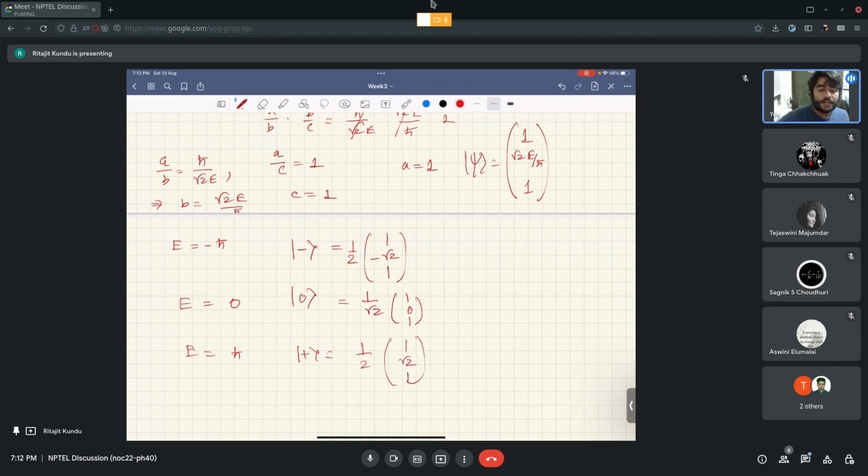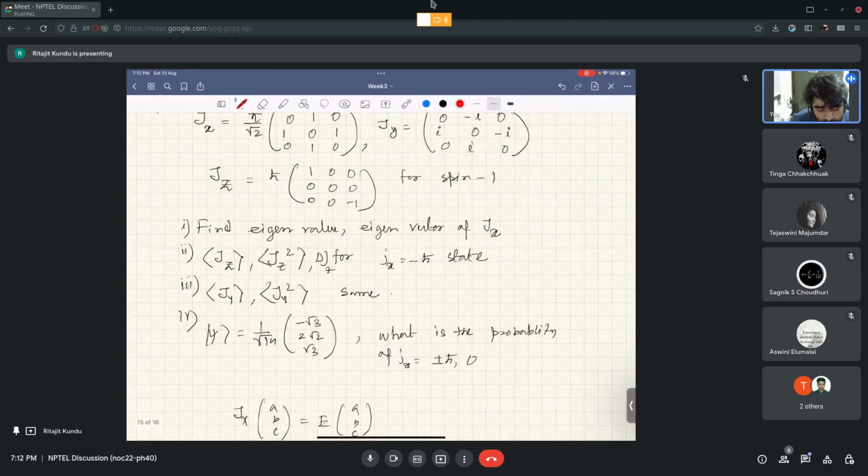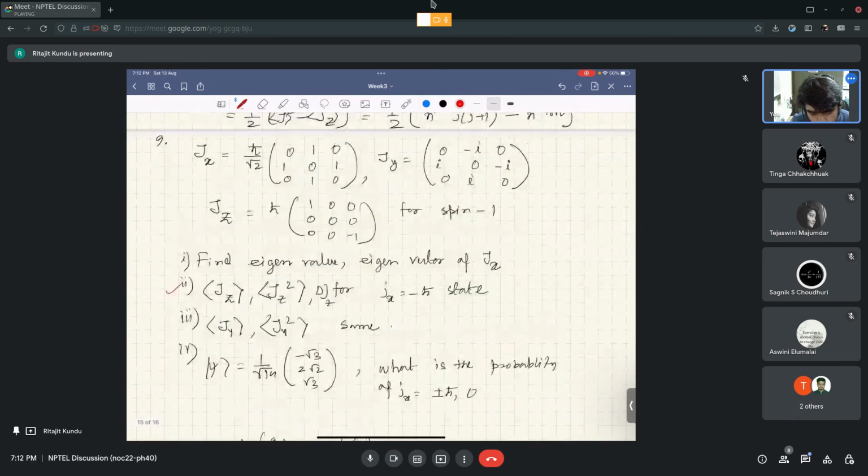So these are all of the eigenvectors of this Sx operator, Jx operator actually. Now that you have obtained the Jx operator, you can calculate Jx average, Jz average, Jz square average, and you can also calculate the delta Jz. You can do the same for Jy, right?